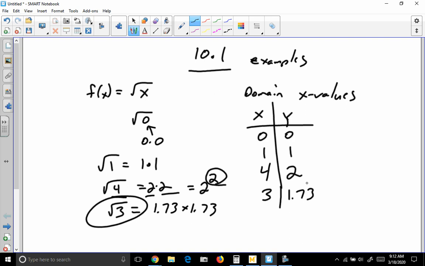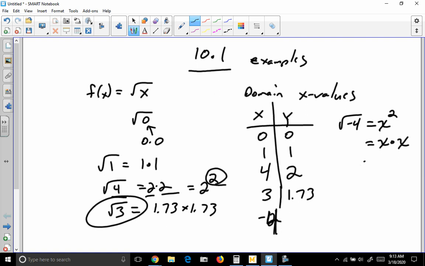But if we look at a number, for example, let's do -4, because we know what the square root of +4 is. But if we put a -4 underneath the radical, is there a number when we square it, or in other words, when we multiply it by itself makes -4?